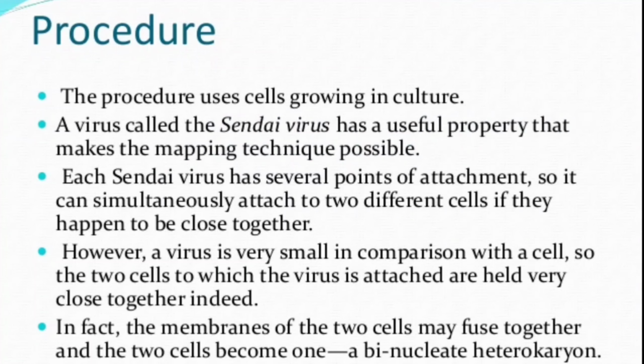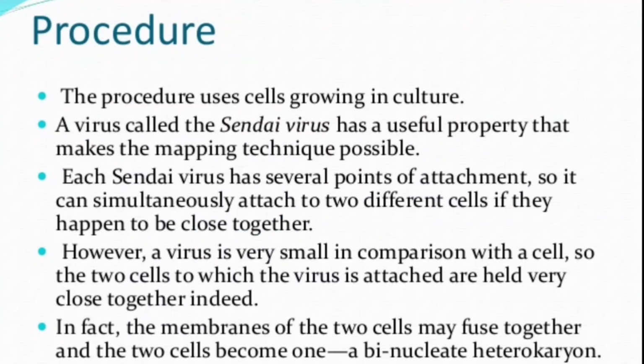Each Sendai virus has several points of attachment, so it can simultaneously attach to two different cells if they happen to be close together.